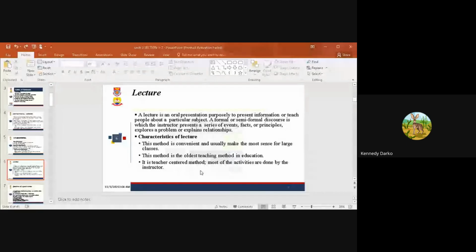We are saying that this method is convenient and usually makes the most sense for large classes. So the lecture method is used for very large classes.